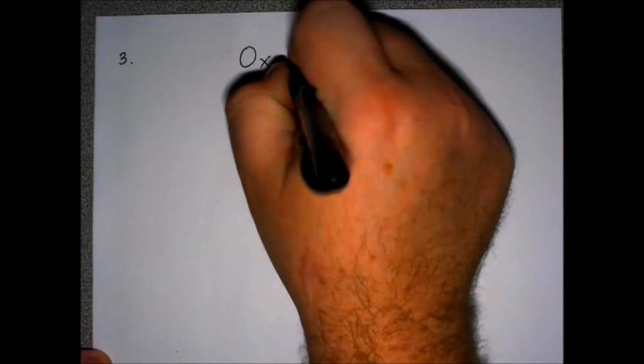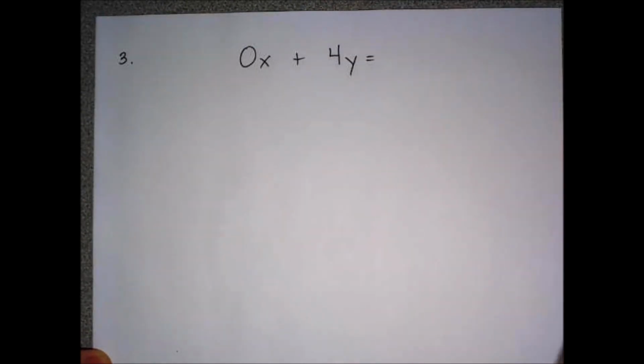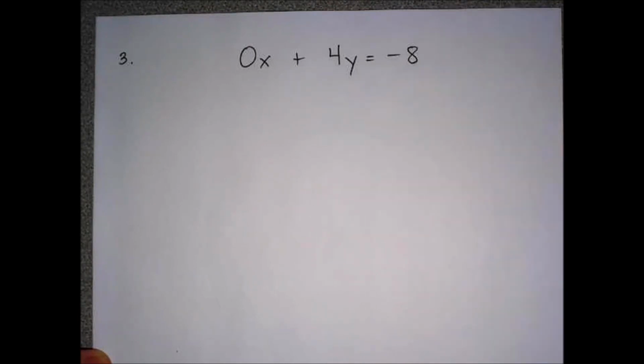And our third example is 0x plus 4y equals -8. Alright, so we could go through slope-intercept again. If we did that, let's do that real quick.